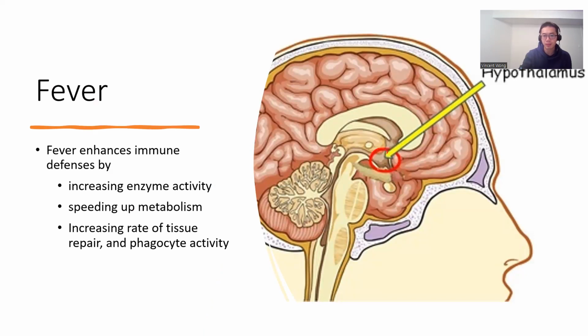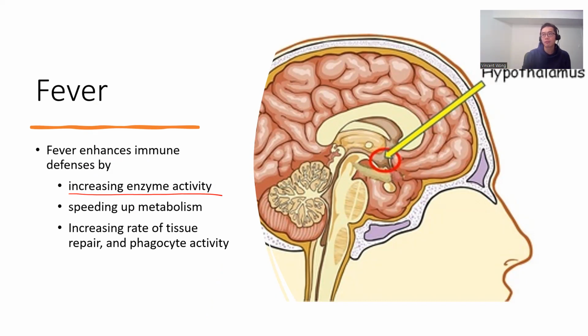Okay, so the hypothalamus is right here. We will learn about the hypothalamus in lecture 6, when we do the brain parts. But what does the fever do? The fever is going to help enhance the immune defense by increasing enzymatic activity. Enzymes are proteins that carry out chemical reactions, right?